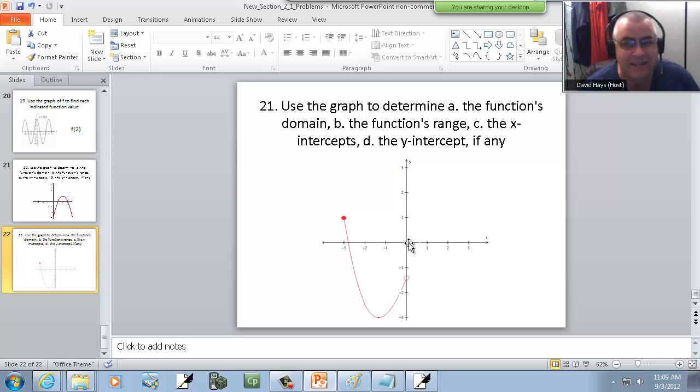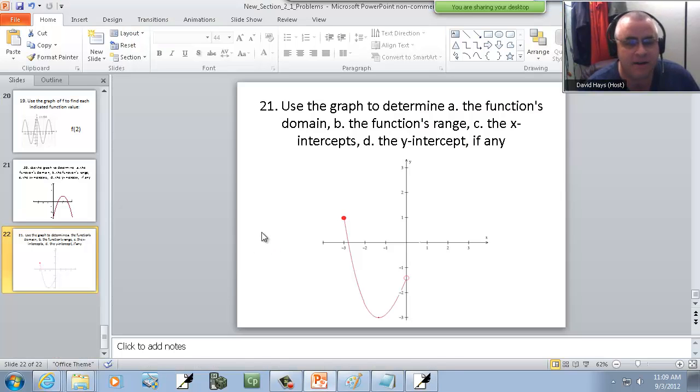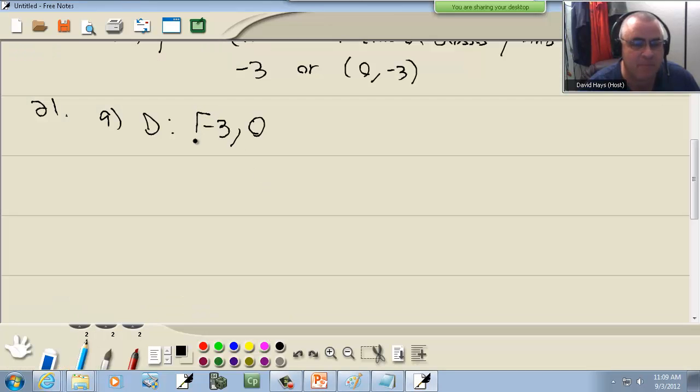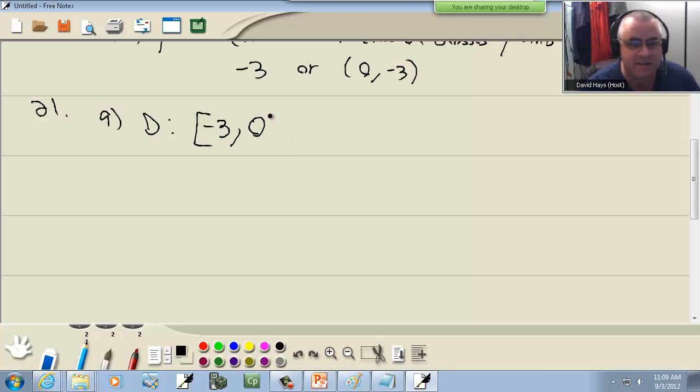Now the rightmost x value where it exists, if I come to x equals 1, if I go up or down, I don't find my graph anywhere. It's at x equals 0, which is our y-axis, where it stops. So it goes to 0. Now notice over here at the -3, it's a closed dot, which means it includes that point, so I put a bracket. Over here at x equals 0, it's an open dot. It means it doesn't include that point, so we put a parenthesis.